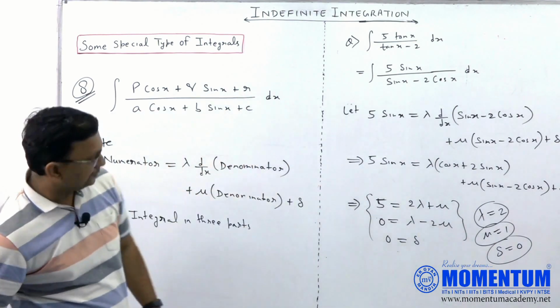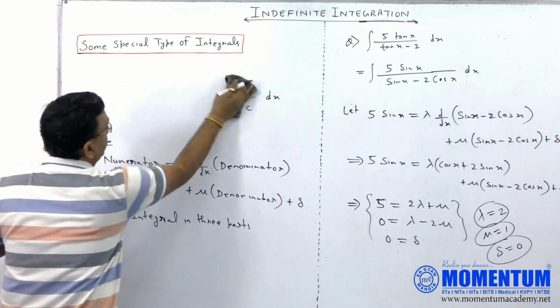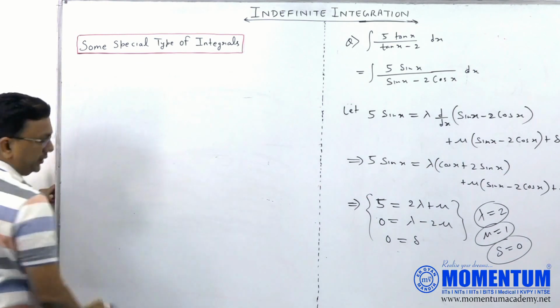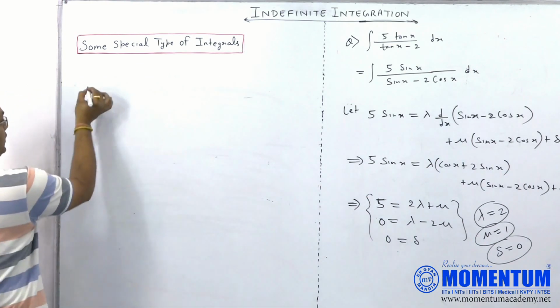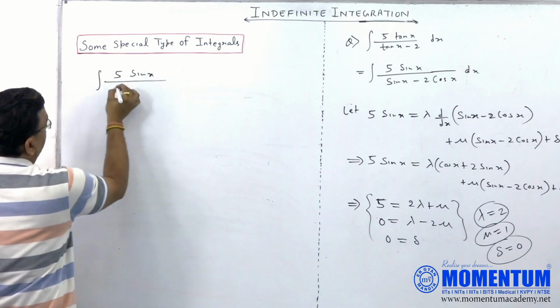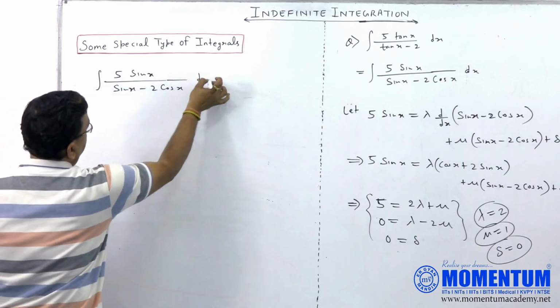Clear? Now, we will come back to the integral after getting the value of lambda, mu and delta. The integral is 5 sin x divided by sin x minus 2 cos x.